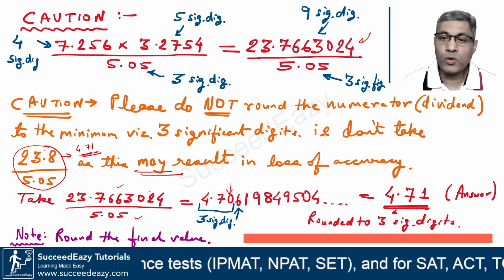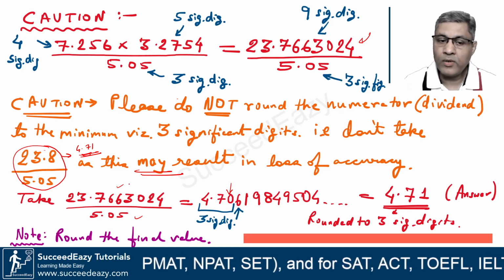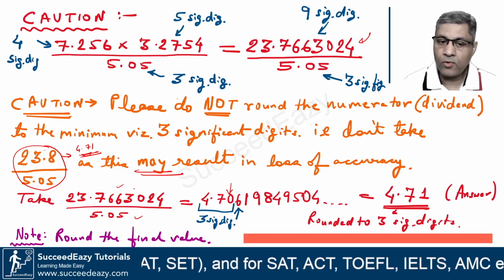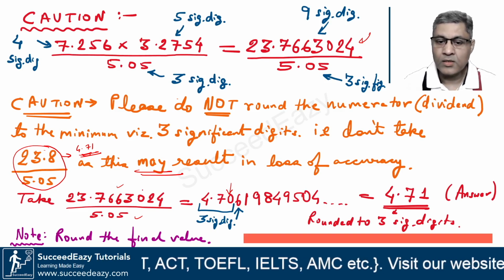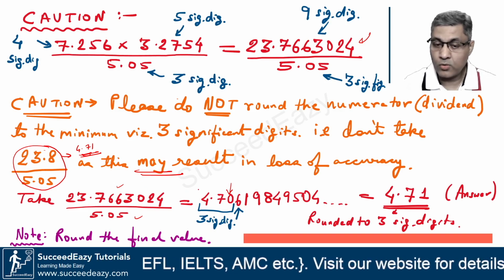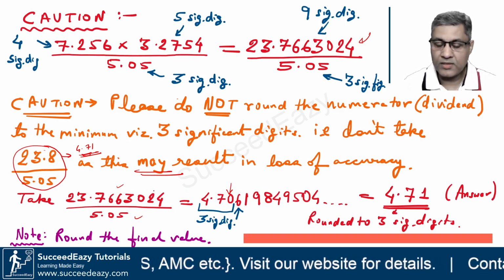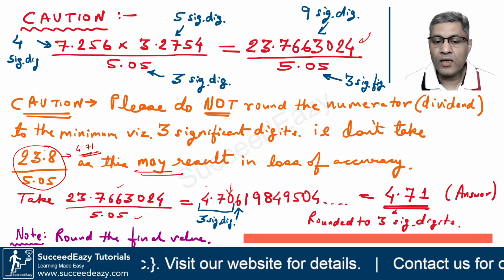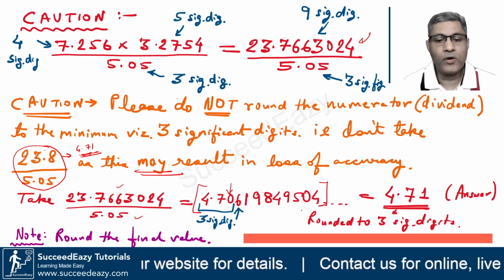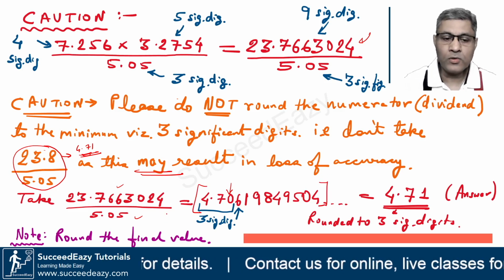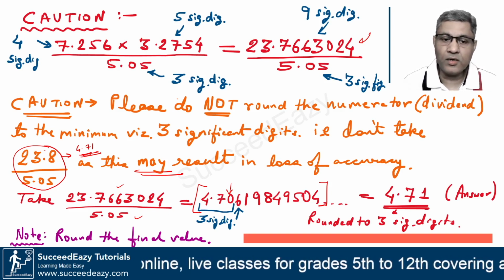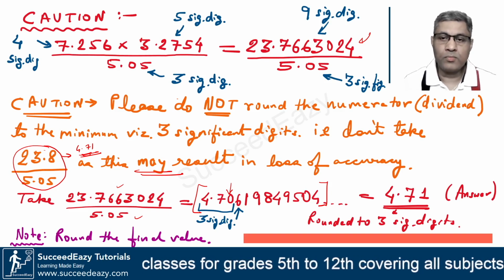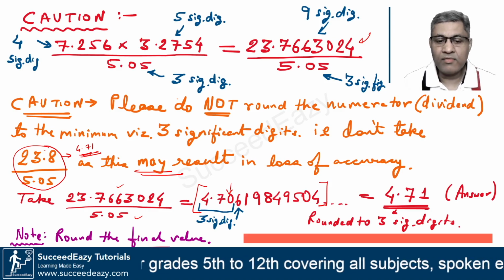So please don't lose accuracy by rounding things way before you should actually round them. Okay, so don't lose accuracy till you get to the last point. I hope I'm clear to you, and I hope that this knowledge is going to be of some use to you. So please remember, always round the final value.